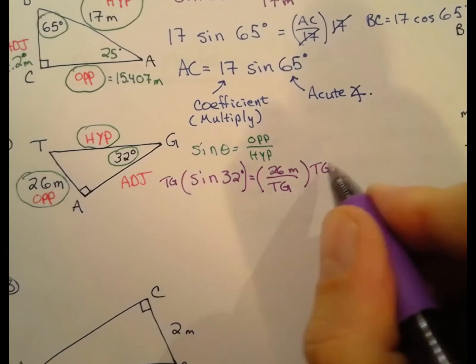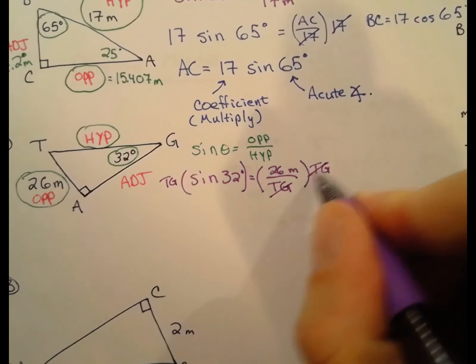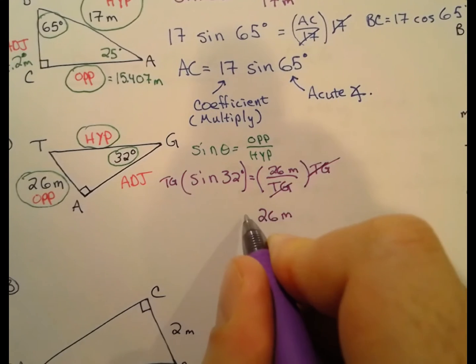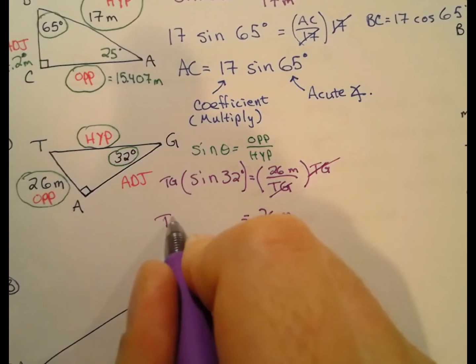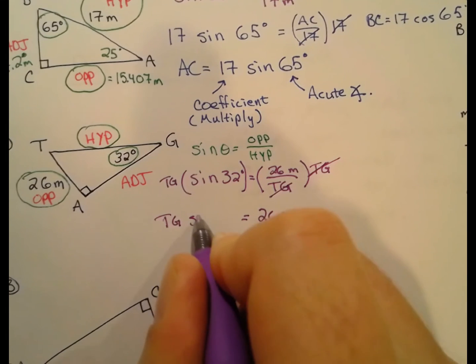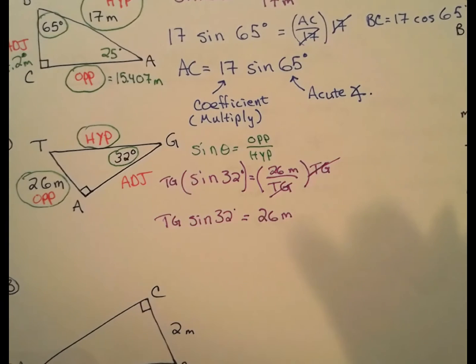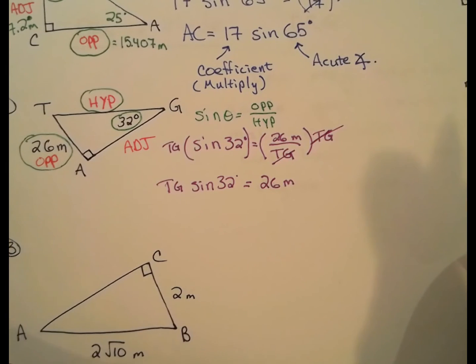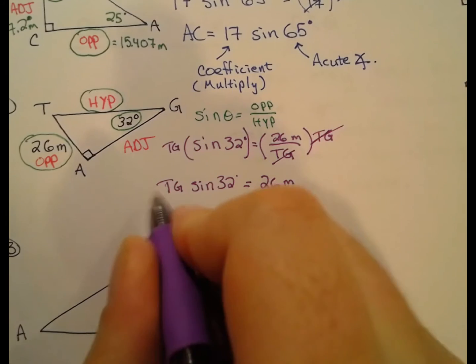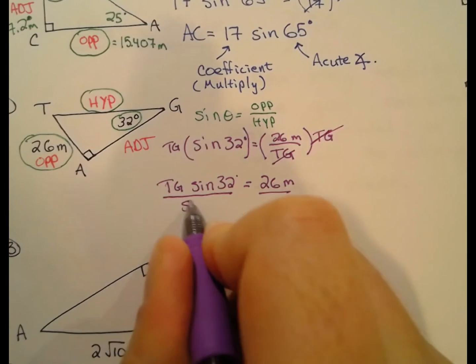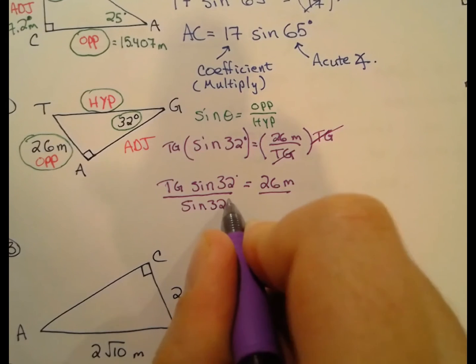On the right side, we get rid of the fraction. And on the left side, we just have TG times the sine of 32 degrees. And then to get TG all by itself, now we're going to divide both sides by the sine of 32 degrees.